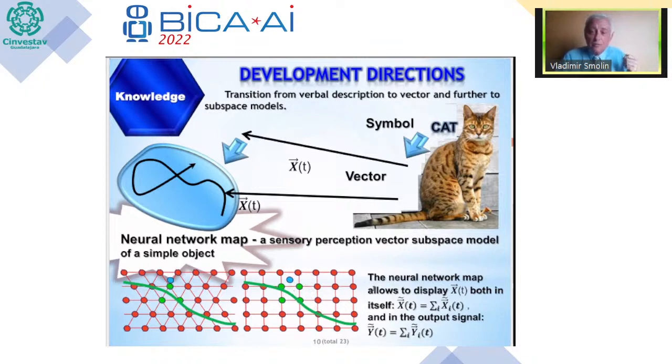Also, this neural map can reproduce the output vector in the same way, as an approximation, and moreover, it can display the model of the input vector that is coming from the outer world.